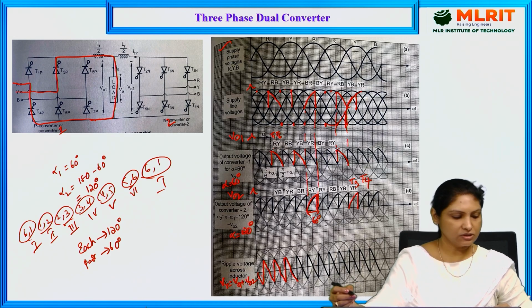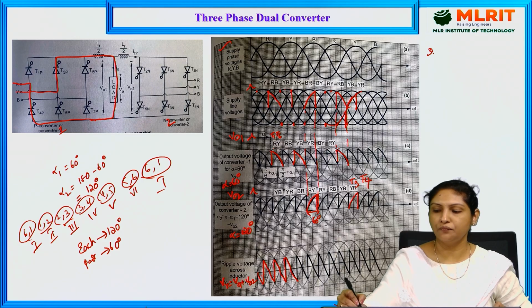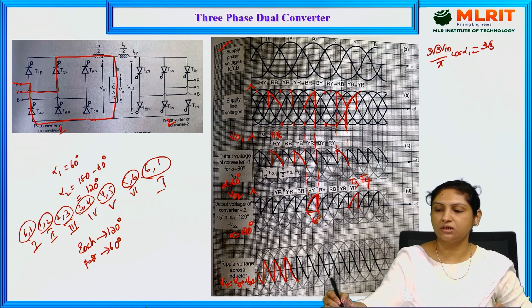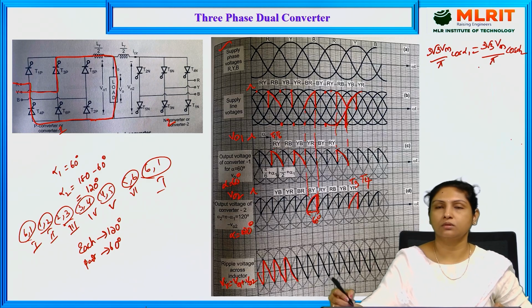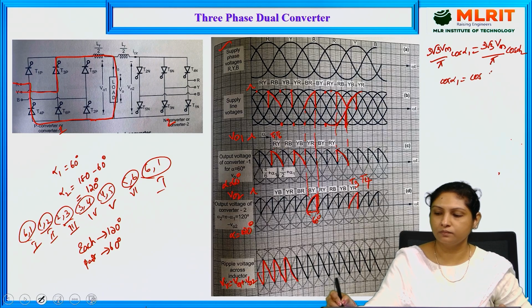Similarly, let us check out the formula. For full converter 1, we have 3 root 3 Vm by pi cos alpha 1, which is equal to 3 root 3 Vm by pi cos alpha 2. And here both get cancelled. Cos alpha 1 is equal to cos alpha 2.